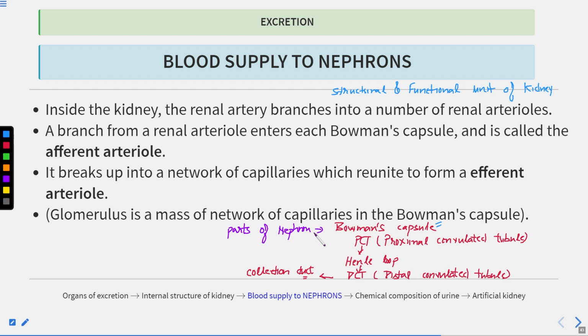So today we'll be talking about the blood supply to the nephrons, how the nephrons receive the blood. What happens? Oxygenated blood comes through a special kind of blood vessels, and deoxygenated blood leaves the nephrons. Inside the kidney, the renal artery branches into a number of renal arterioles.